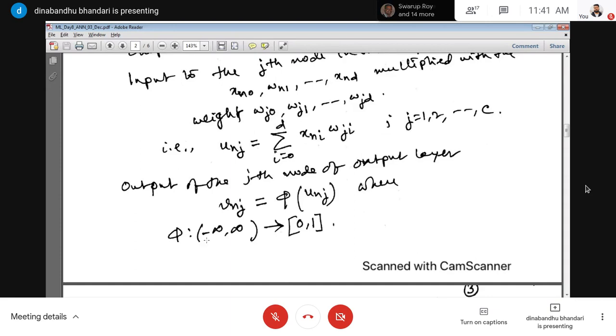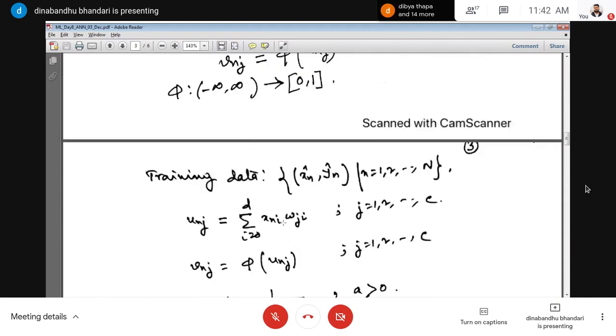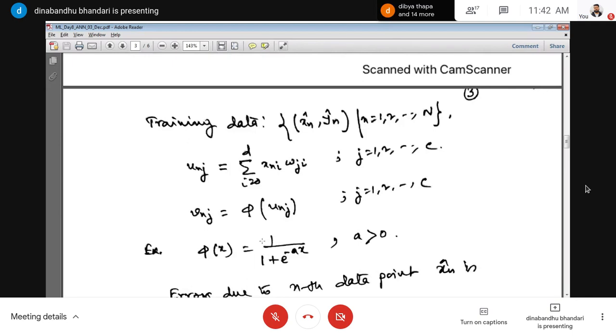Now, what this function is, that is the sigmoidal function. All of us know it is a very popular one. The form of the function is this. Earlier we didn't put this a. It is the same as e to the power ax divided by 1 plus e to the power ax.